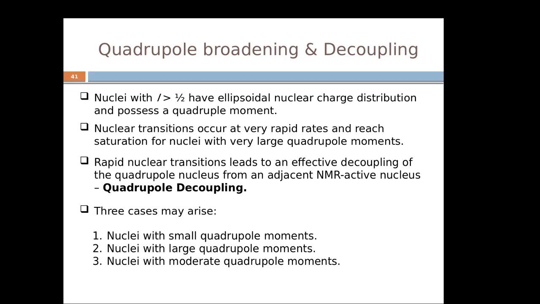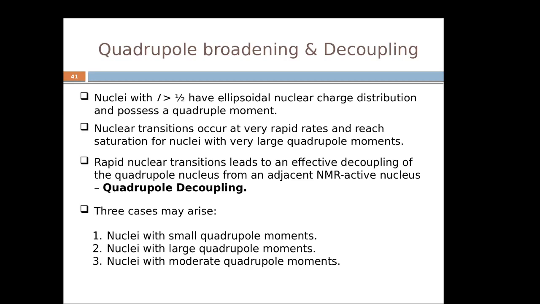So there are three nuclear spin states with Mi equal to 1, 0, and -1 in the order of increasing energy. So nuclear transitions can happen between these nuclear energy levels, for example, from Mi equal to 1 to Mi equal to 0, or Mi equal to -1.